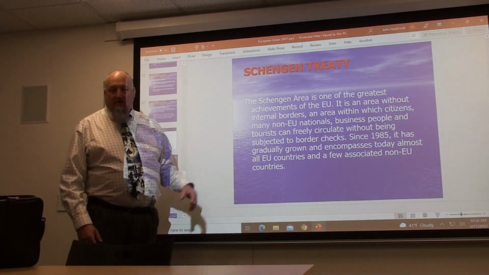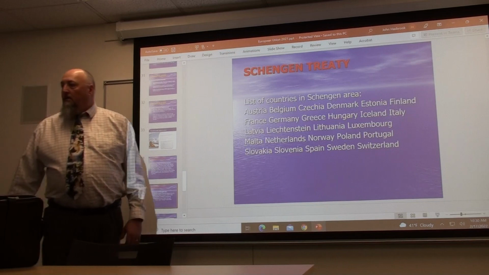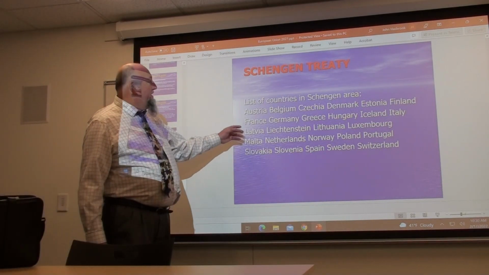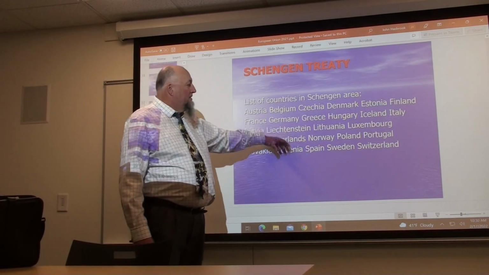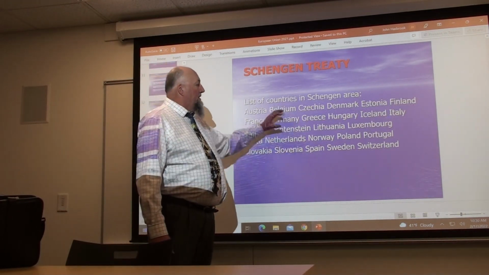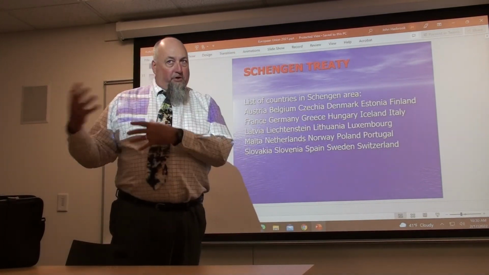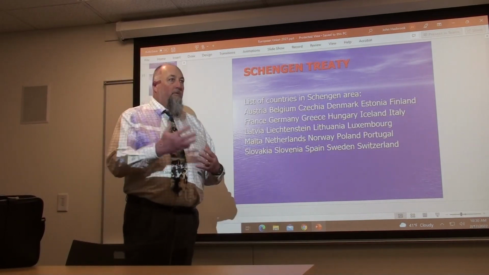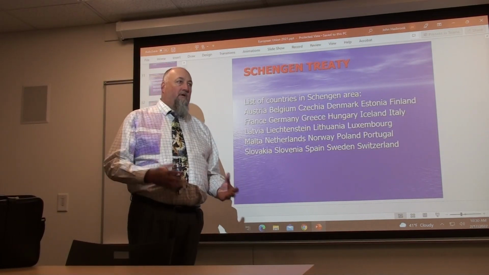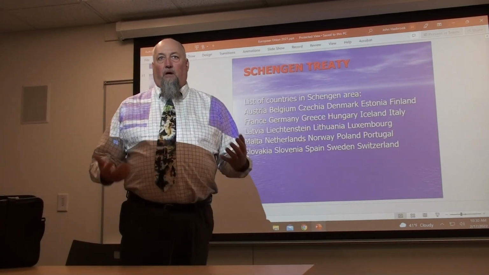So the Schengen Treaty is what established what's called the Schengen Area. And these are countries that are part of the treaty. Many of them, of course, are part of the European Union. Some are not, like Switzerland. And so this establishes a separate treaty from the EU itself, free movement of people without border control crossings. Now, there are exceptions to that if there is an incident going on or something of that nature.